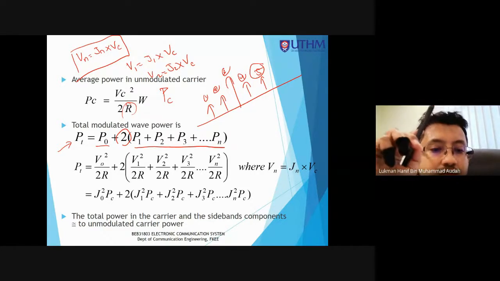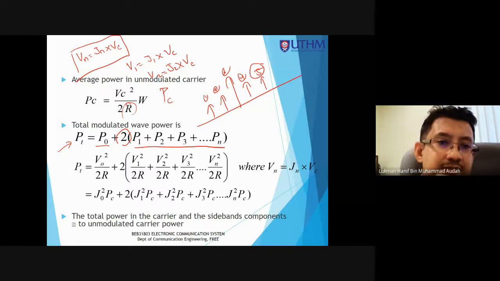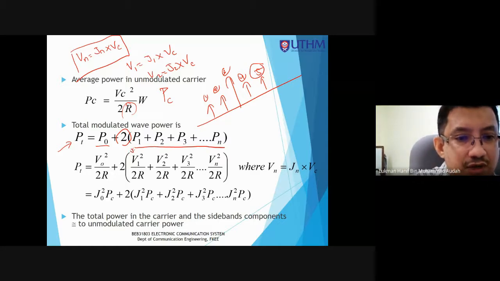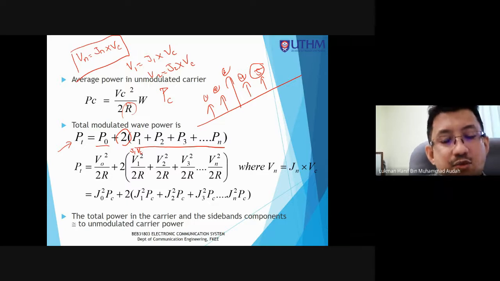Okay. So you see that here, for V1 here is J1 Vc square.